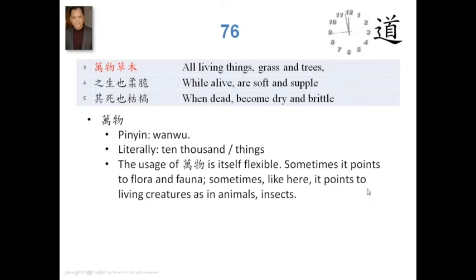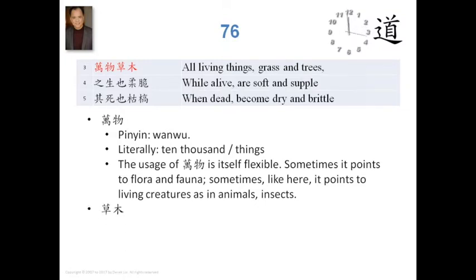Sometimes, like here, it points to living creatures because the plants are talked about separately. So here it's only about living creatures, as in animals and insects. We will get to 草木, the other two characters, to make it more inclusive of all living things in a natural environment.